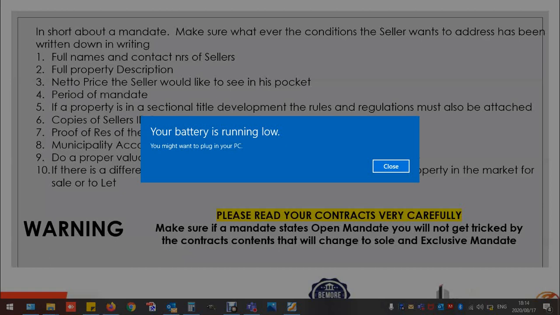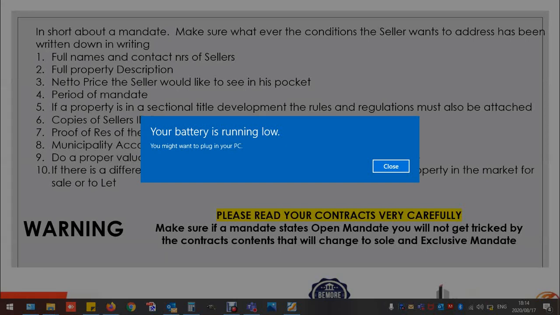And just to come back on the mandate, what happened to me at one time: a very big estate agency company in Pretoria North had a mandate on a property, actually a rental mandate and a selling mandate. The rental mandate, it was their tenants in the property, so they refused me access.